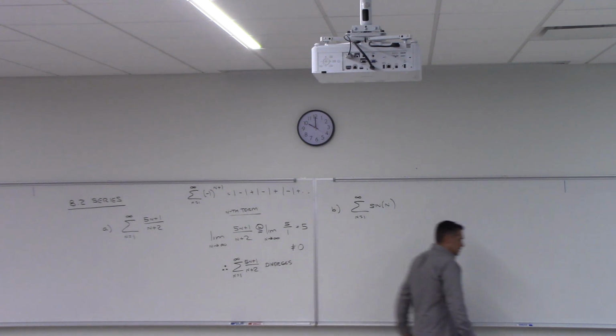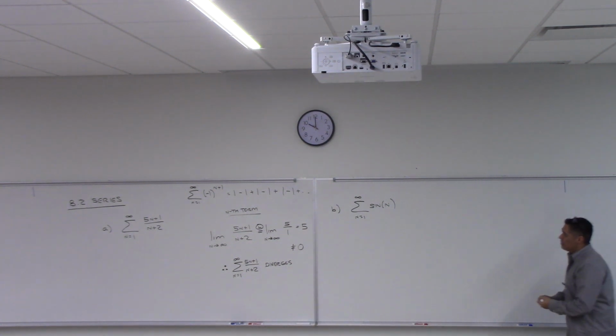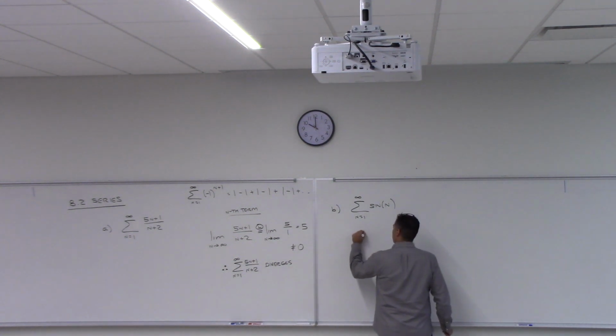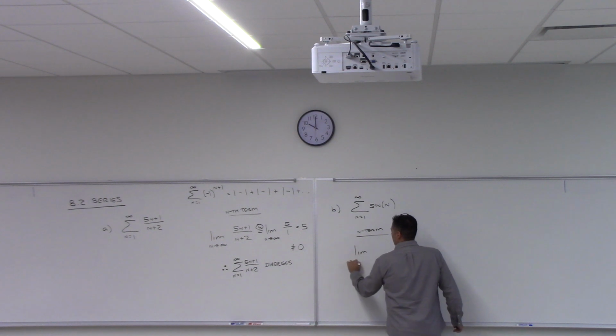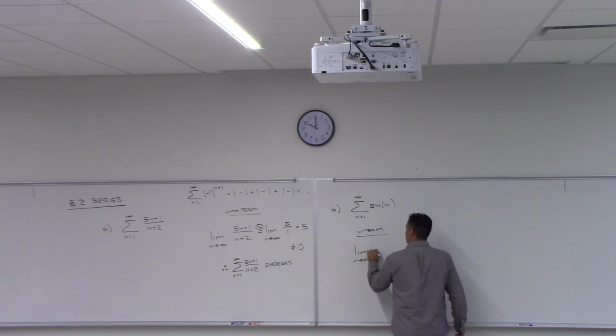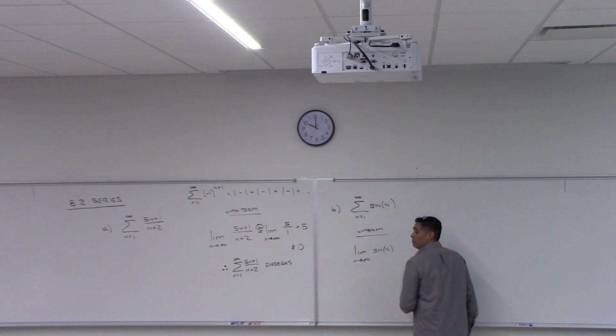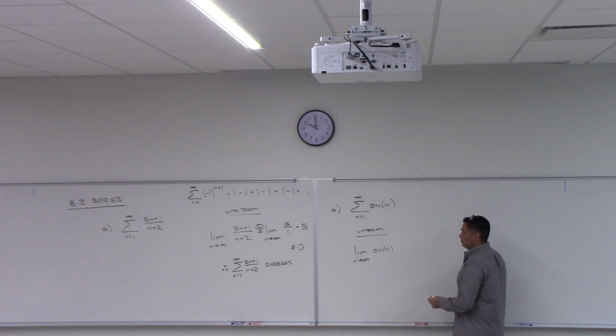Okay, let's get back to this. So I have the n-term test, right? Now I take the limit as n goes to infinity of sine n. What can you tell me about that? What is it not? It's not converging to 0, right?